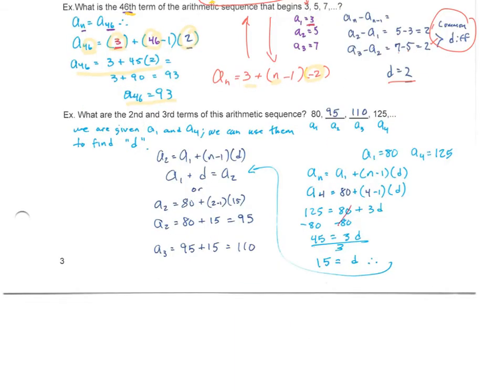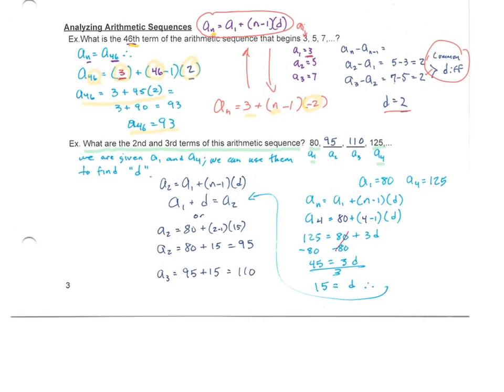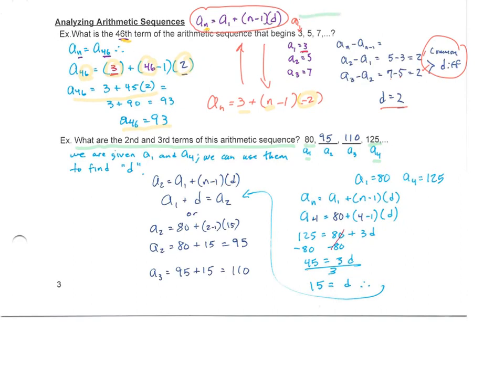Okay, looking at this next example, it says, what are the second and third terms of this arithmetic sequence? They've given us 80 and 125, and we know here that 80 is a_1 and 125 is going to be a_4. So what I'm able to do then is take this formula, this definition up here, and use that to find out some of the missing stuff.